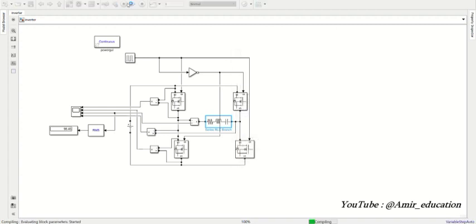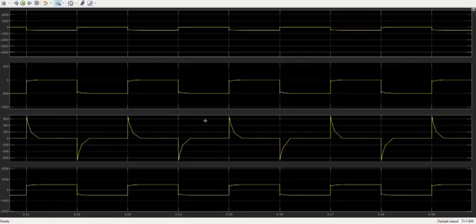Okay, let's run it. Yes, our current is approximately 100 milliamperes, and let's see the results. As we can see here, our voltage wave is behind our current wave because our load is a leading load.